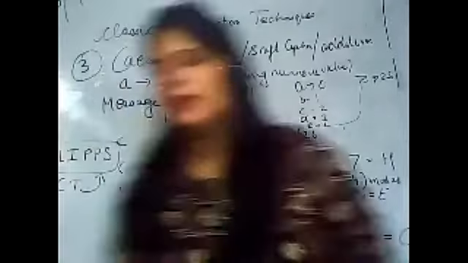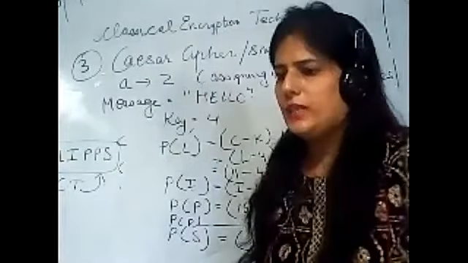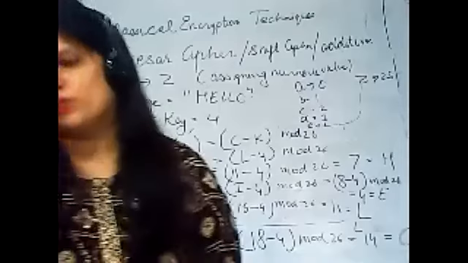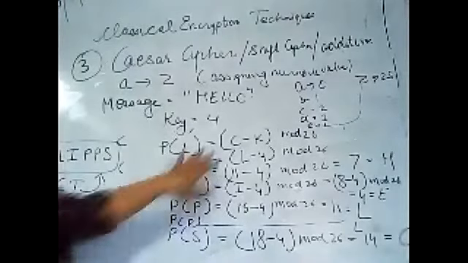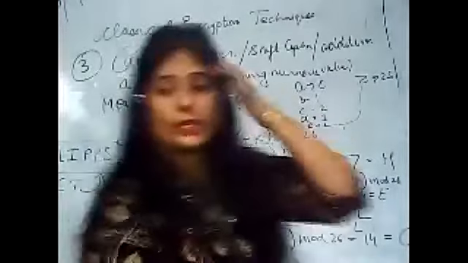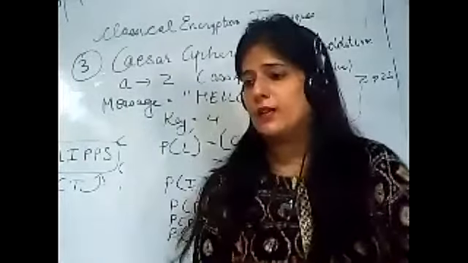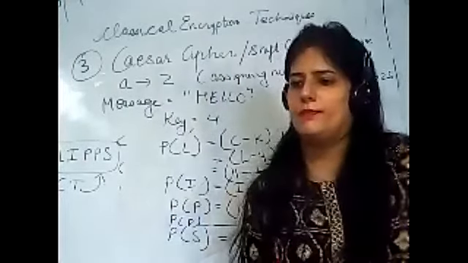HELLO. This is how we received that particular plain text. HELLO. So you can do it manually also, plus you can do it with some particular formula also. So we have given that particular formula. If you want to calculate in the numerical way, you can use the same.